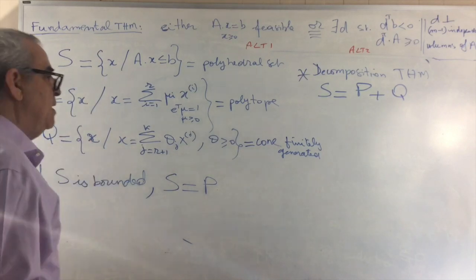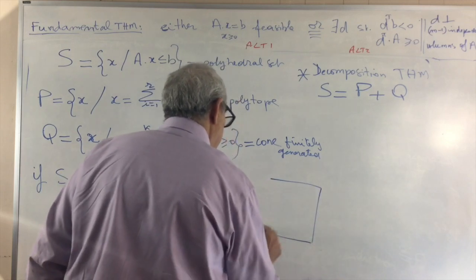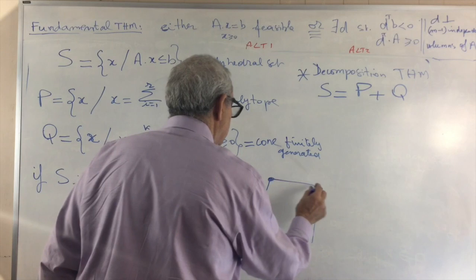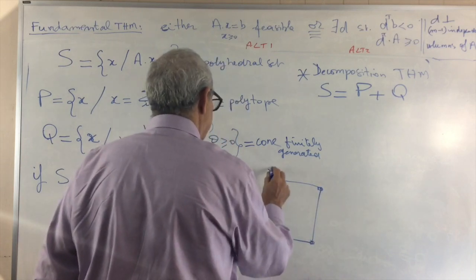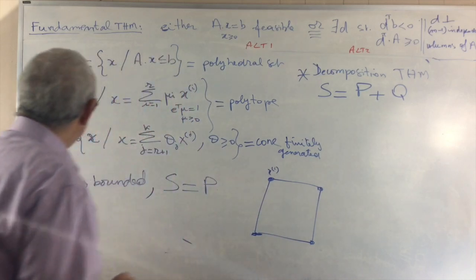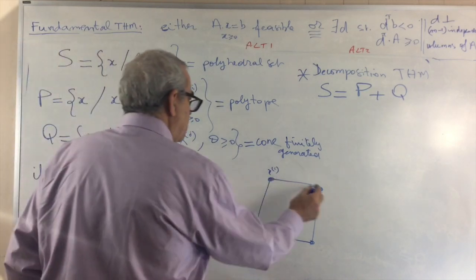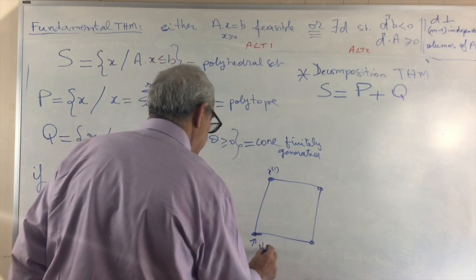It looks like this. So this is our x_i, the polytope. It's a convex linear combination of vectors, and these are called vertices.